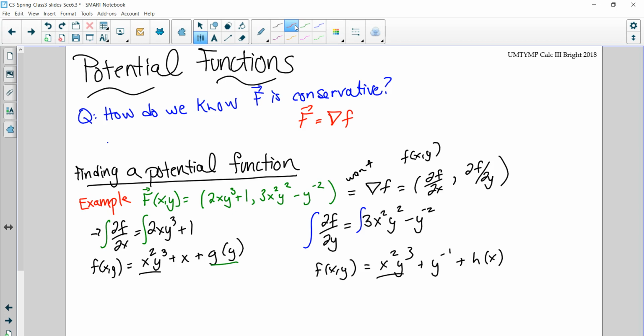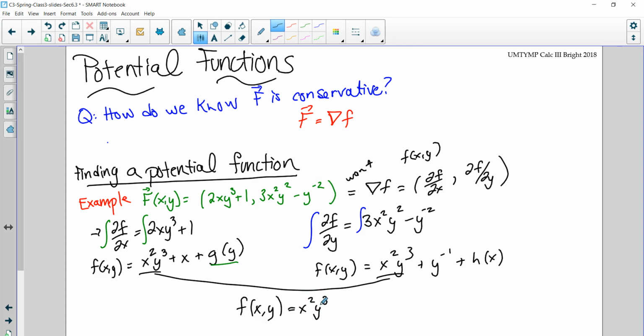My goal is to find the overall potential function, but I want to assemble it almost in pieces. The x squared y cubed seems to be in common, so the potential function probably contains x squared y cubed.